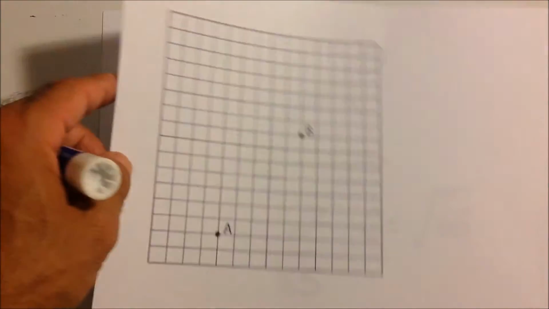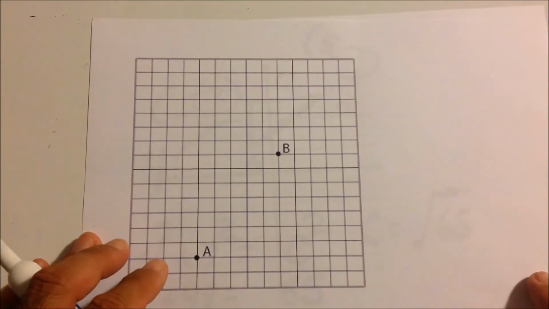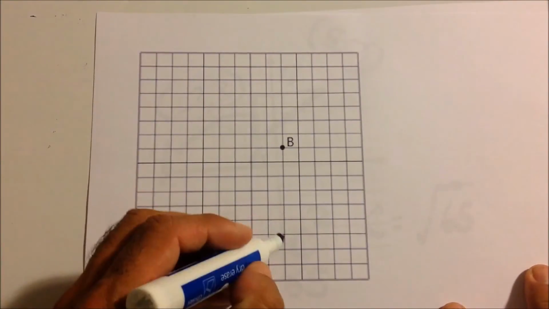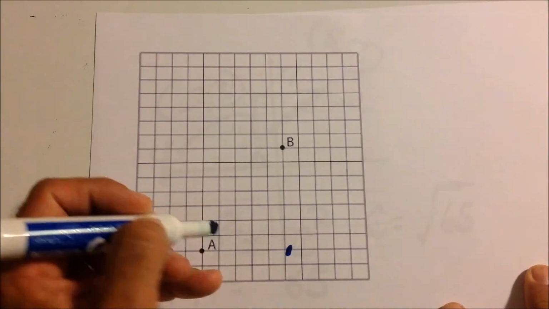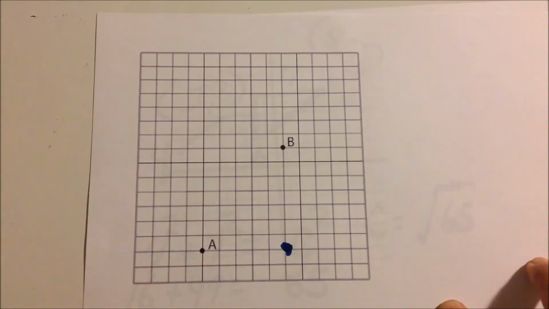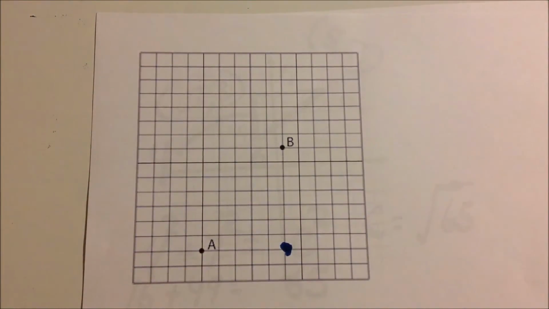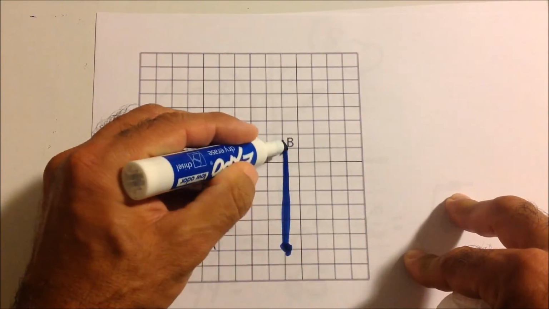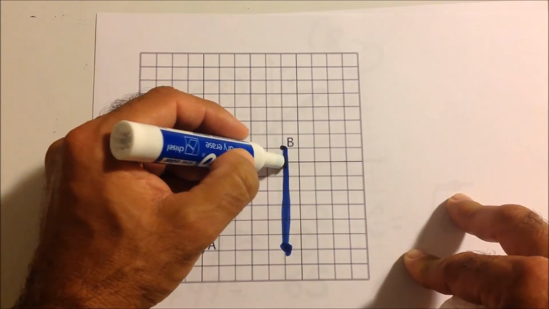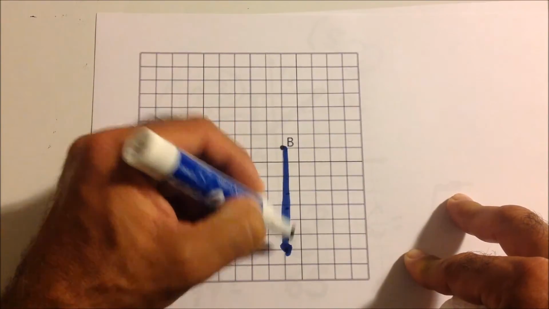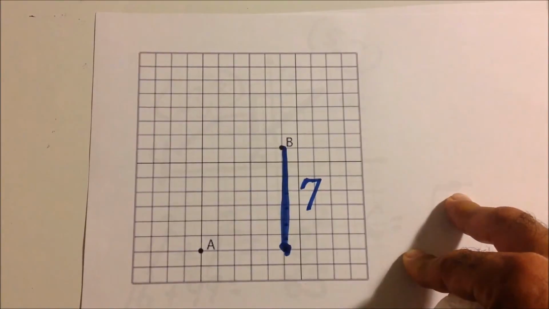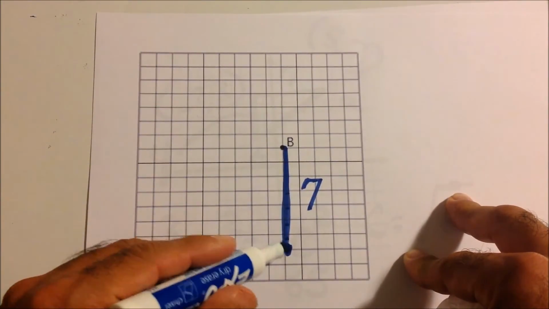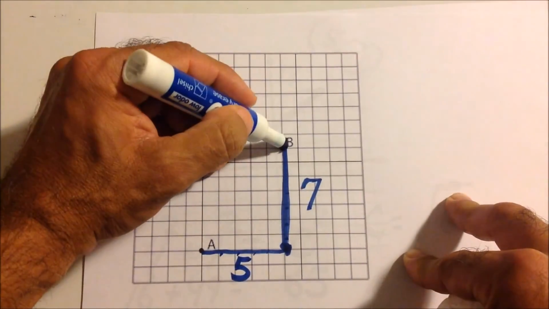Okay, try this one. Let's make a right triangle. Find all the sides. We can make a line here. We can count the distance from here already: 1, 2, 3, 4, 5, 6, 7. That's 7. And on this one we have 1, 2, 3, 4, 5. And there's our diagonal.